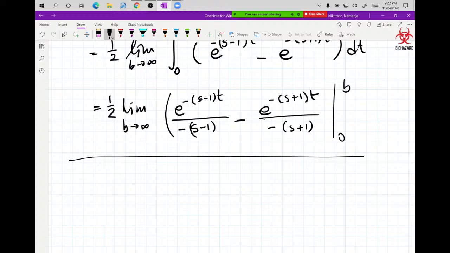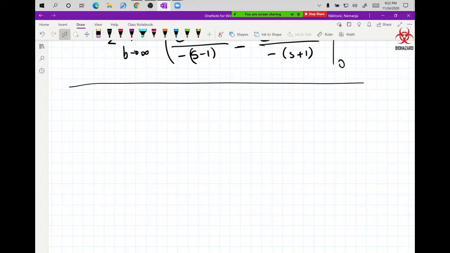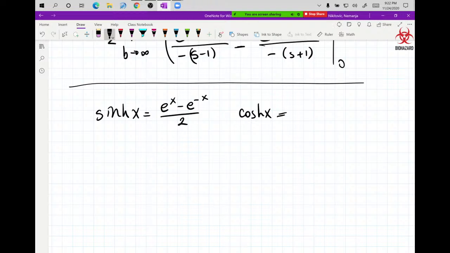So once you know your hyperbolics, and maybe some of the differential equations are going to be tied into this, you have your sine hyperbolic x given as (e to the x minus e to the minus x) over 2, and your cosine hyperbolic x equal to (e to the x plus e to the minus x) over 2.